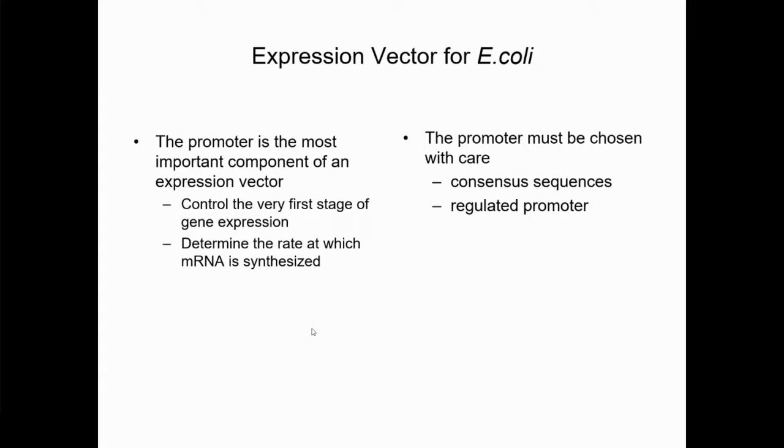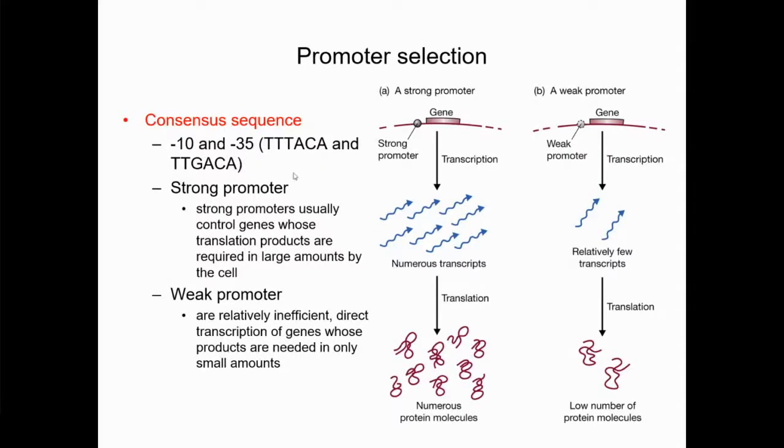Because the promoter is so important, we will also discuss later how the promoter controls the expression. Here just to explain, if you have a strong promoter, then you can produce a lot of transcript, and from this transcript you can produce a lot of protein. If you have a weak promoter, then you have less transcript, and then you have low protein production.